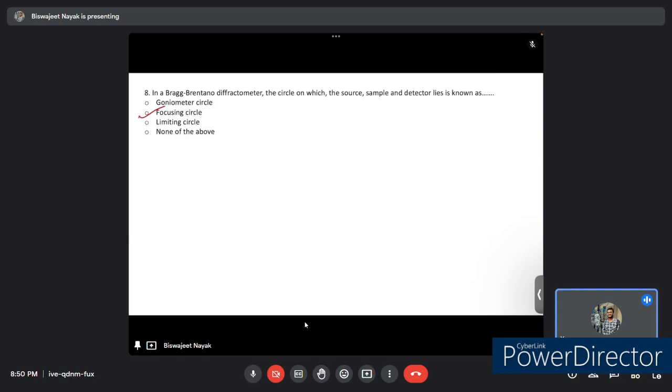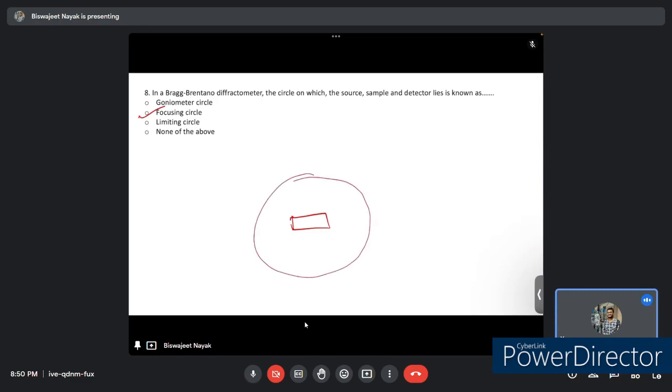The reflected X-rays from the sample on the focusing circle are directed to their respective places back on the circle, and we get different reflections from that. So we have a circle like this.